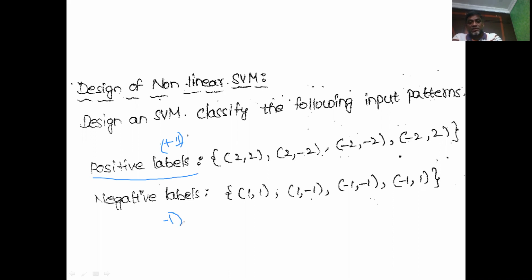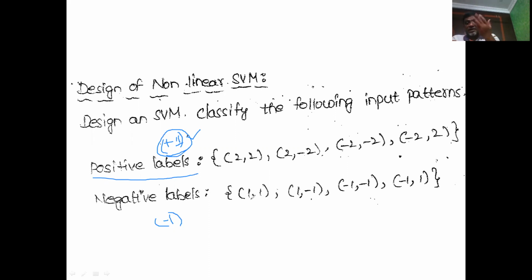This is the same as the previous example. So whenever we submit (2,2) or (2,-2) or (-2,-2) or (-2,2) to the support vector machine that we design, the output expected from it is going to be +1. Then we say that it belongs to a positive label.